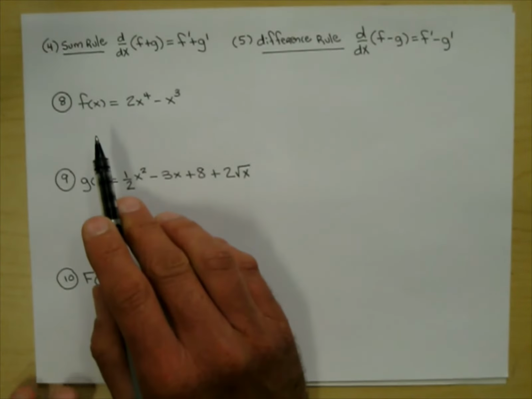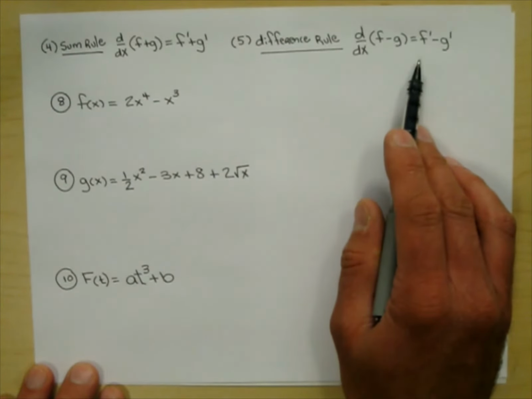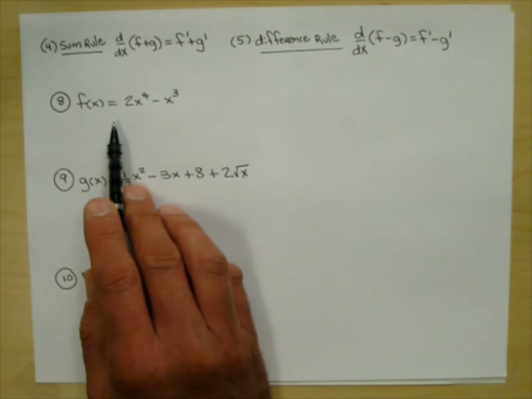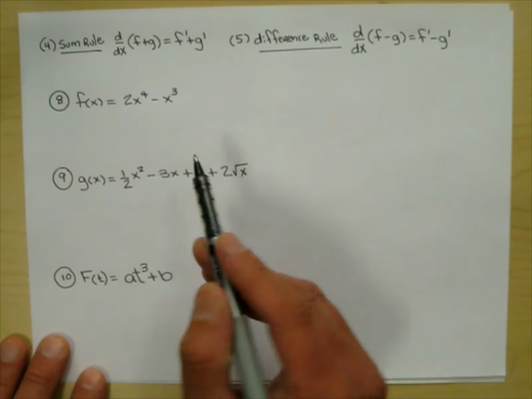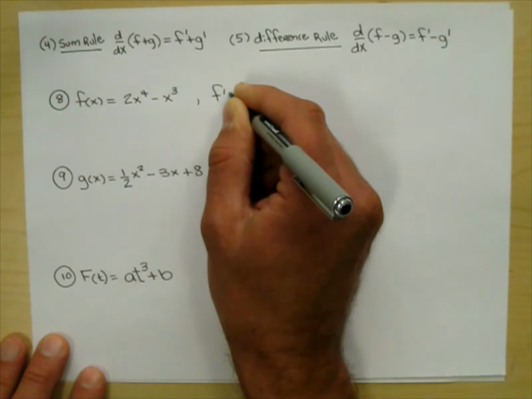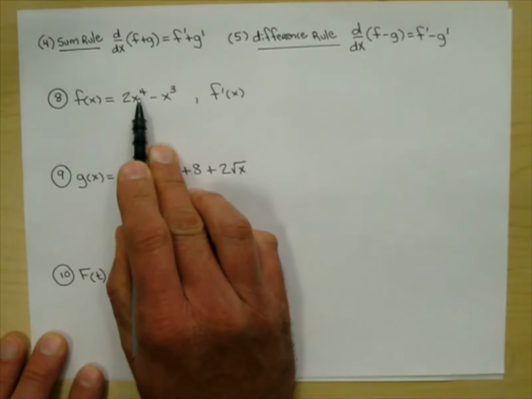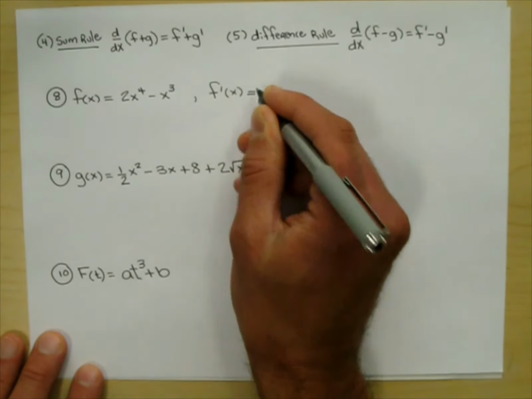So let's go ahead and do problem number 8. We have the sum rule and the difference rule. We just derived those. And what do I have here? I have a function that is a difference. And so basically what it means is when I take the derivative, I can take the derivative of 2x to the 4th, which is what?